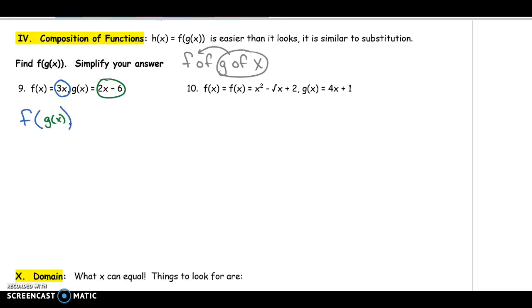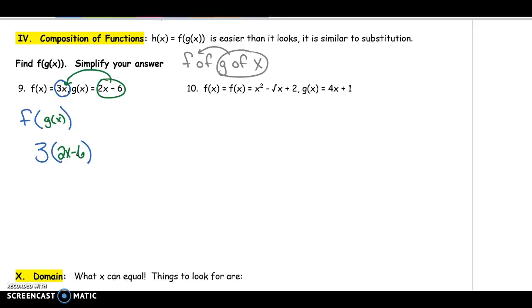This means I'm going to take my f function, which is 3x. Instead of the x, I'm going to put parentheses. We're going to take 2x minus 6 and put it in place of that x. So instead of the x in the f function, we substitute 2x minus 6 in its place.